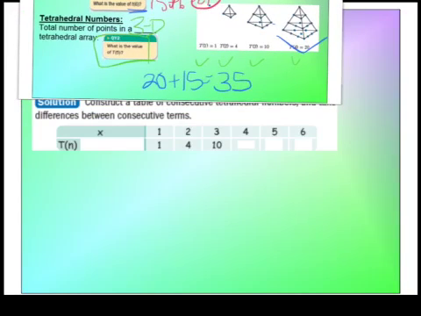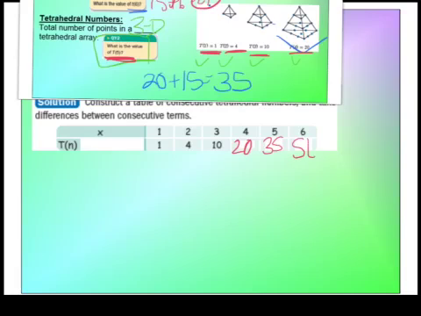When x was 1, we had 1 number. When x was 2, we had 4. When x is 3, we had 10. When x is 4, we actually had 20. We did determine down here when x was 5, we ended up having 35. And I'll tell you when x is 6, you're going to have 56.